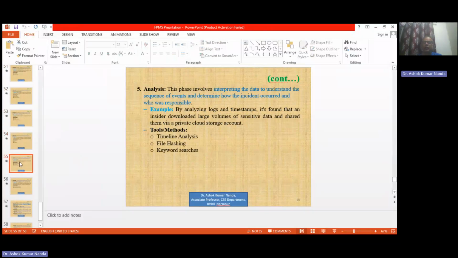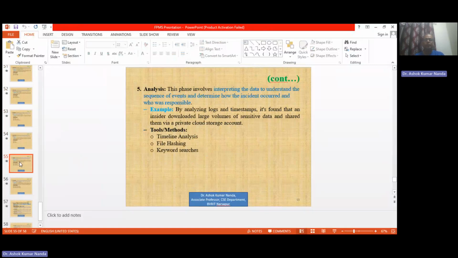The next phase is analysis, the most important phase among all. In this case, we have to interpret the data to understand the sequence of events and determine how the incident occurred and who was responsible.